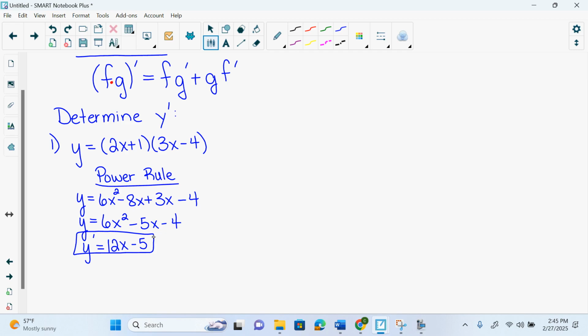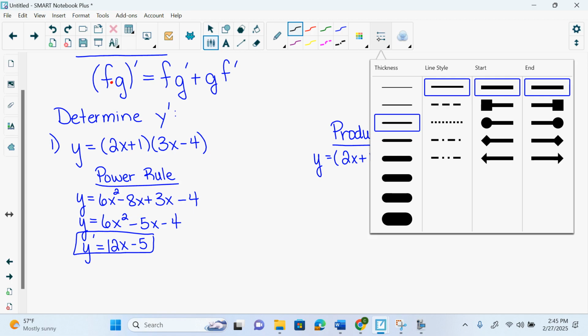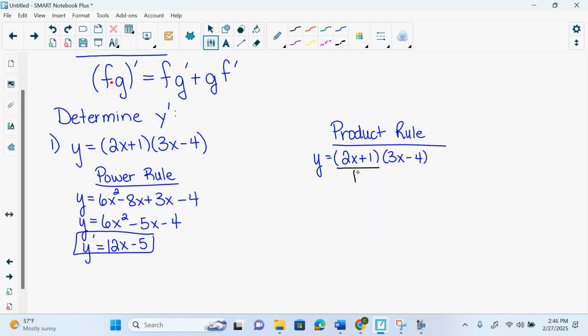The next one we're going to do is product rule. It's treating them like they are two things multiplied, taking the product of them. So we have y equals 2x plus 1 times 3x minus 4. F, G. Could I label them G and then F when it's product?